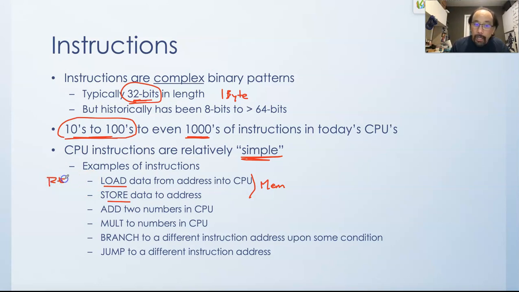I want to read some data from memory. Store is just another fancy name for writing to memory. So write. So these are our memory operations. Very simple, reading a byte, writing a byte.